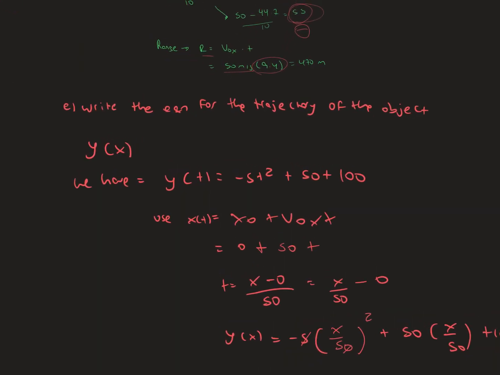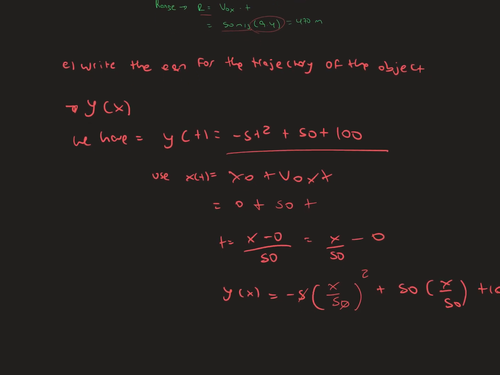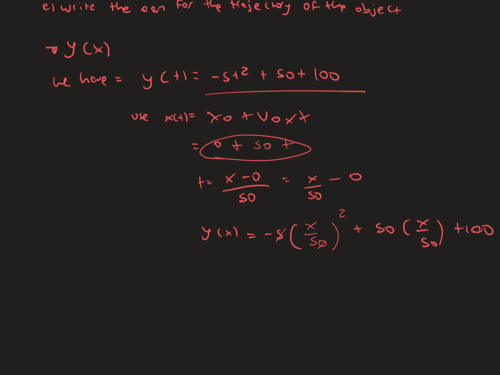Letter E says write the equation for the trajectory of the object. In this case, it's going to be y of x, but now we only have y of t. So we use x of t, the value we have at first, x0 plus v of x times t, which is 0 plus 50t, or just 50t. As we solve for t, we get x over 50.